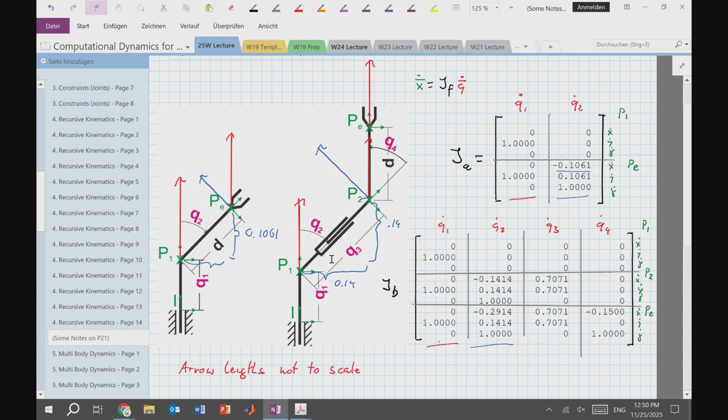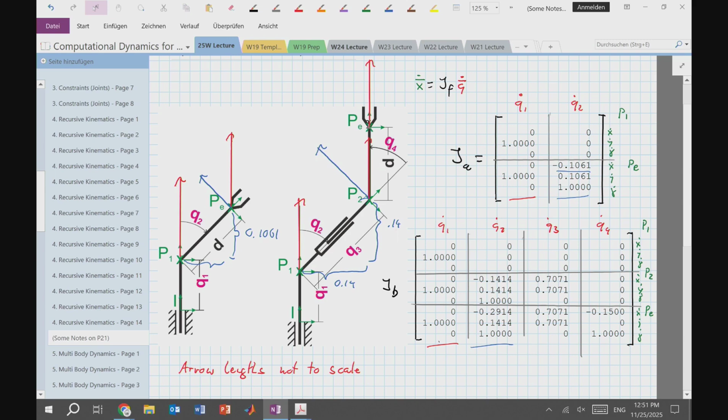And we see, because that distance and that distance is the same, that this Q2 is somewhere at 45 degrees. And here we have also a velocity at 45 degrees towards the top left.